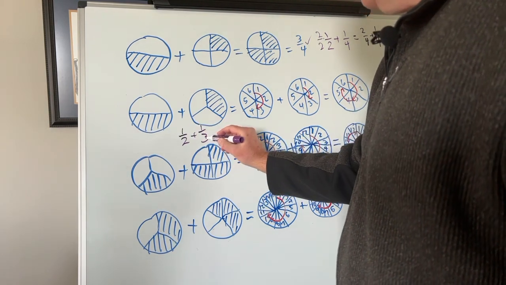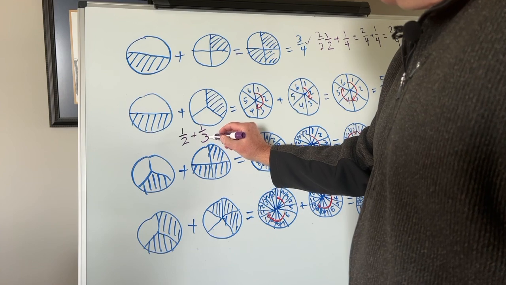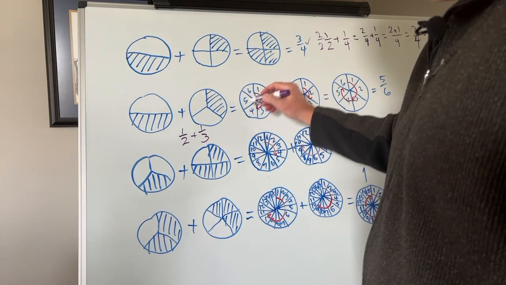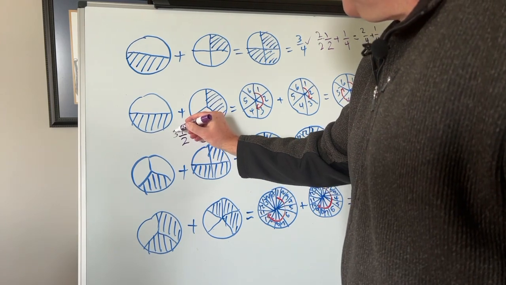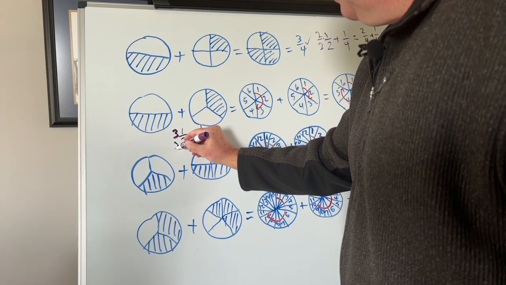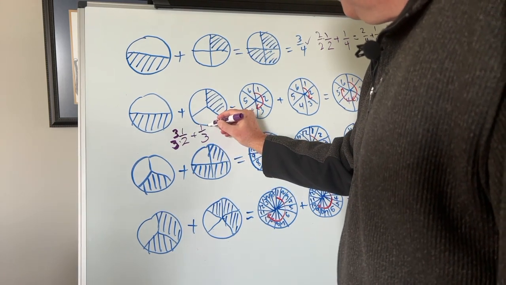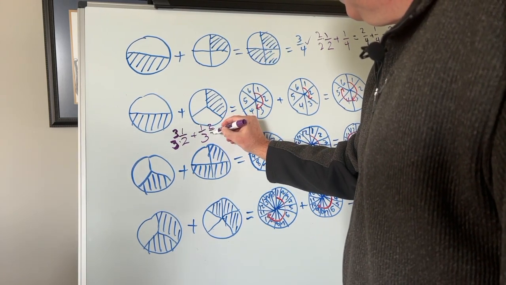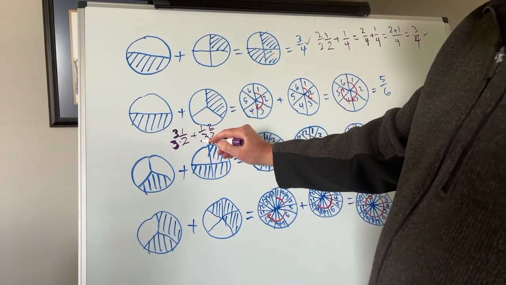I'm going to multiply to make these equal. We're going to get 6 like we had here. So I'm going to multiply this by 3, top and bottom. Oh, not going too good here. And then I multiply top and bottom by 2. So this is still 1/2 plus 1/3.